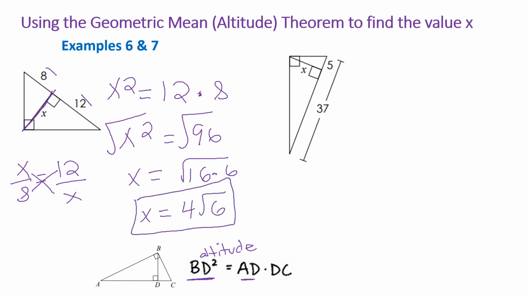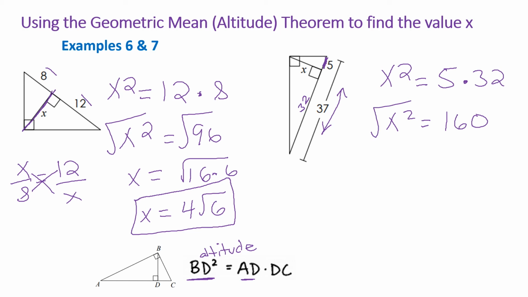Let's try this one here. We have this whole side length of 37. If this piece is 5, then this piece would have to be 32. We simply subtract, 37 minus 5. Now setting up our equation, x squared is equal to 5 times 32, and we get 160.